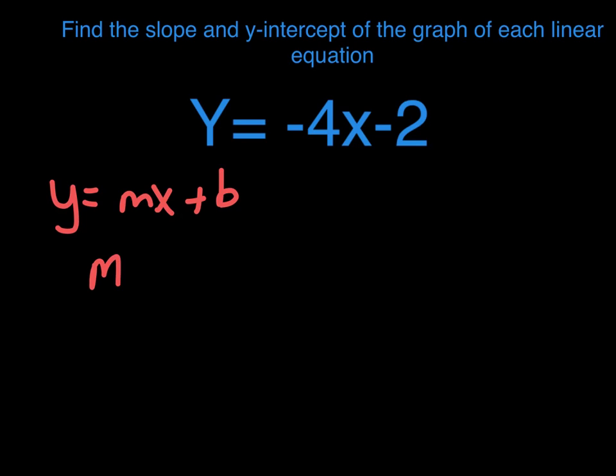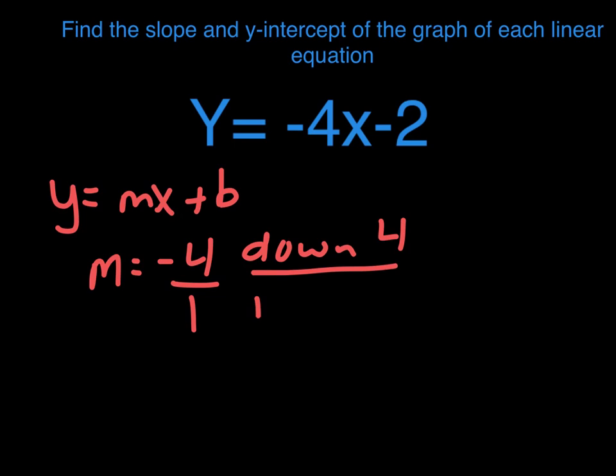The -4 is where the m goes, so that is our slope. Remember rise over run, where it's going to go down 4 and to the right 1.